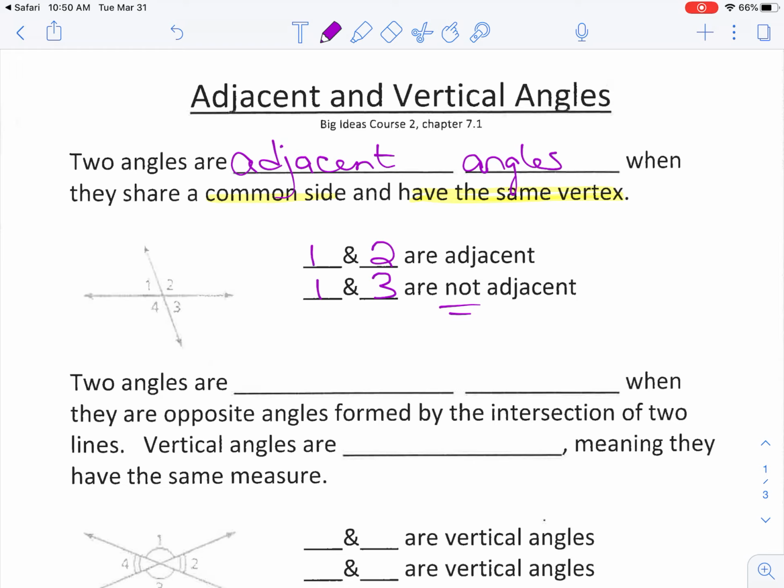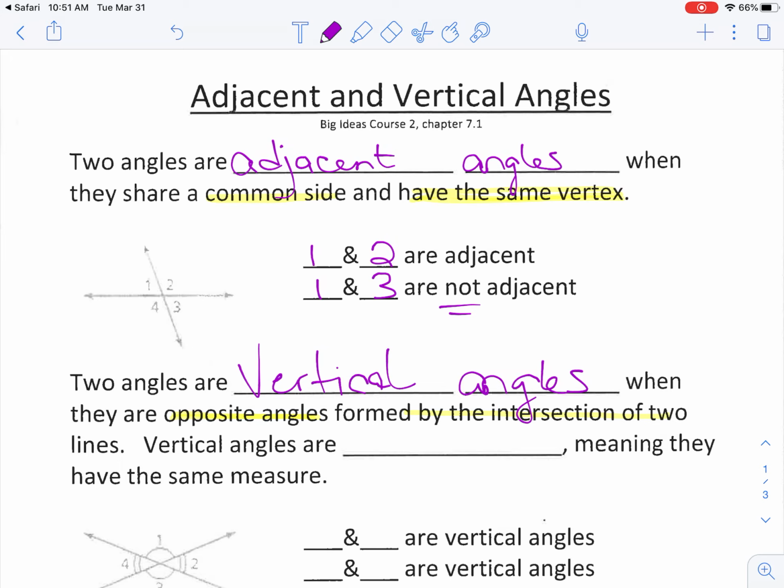The other type of angle we're going to talk about today are the vertical angles. Two angles are vertical angles when they are opposite angles formed by the intersection of two lines.